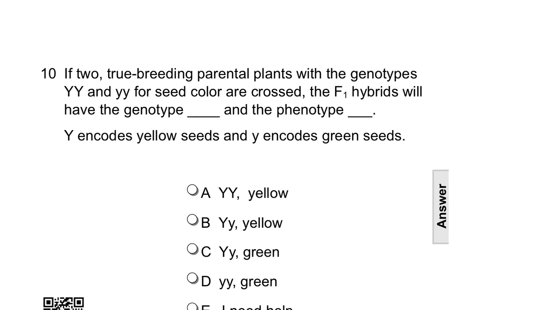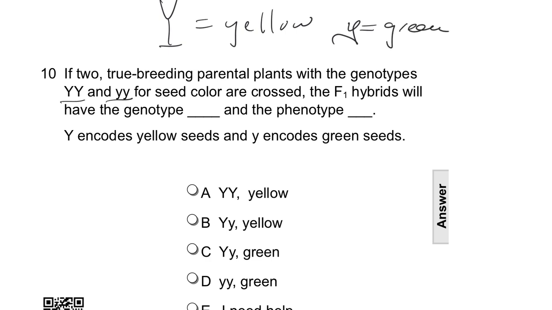Okay, two true breeding parental plants with these genotypes for seed color. Big Y means yellow. Little y means green seeds. The F1 hybrids will have which genotype?